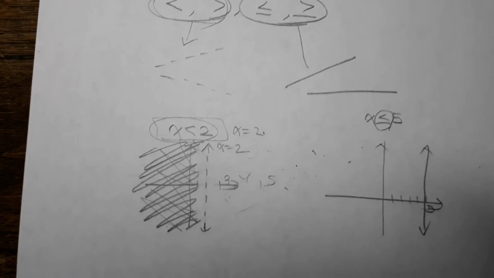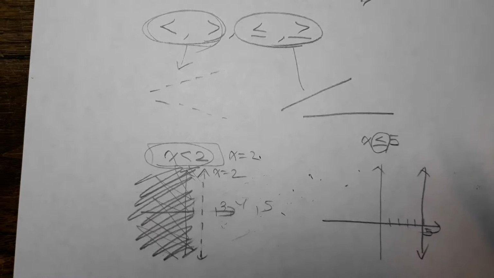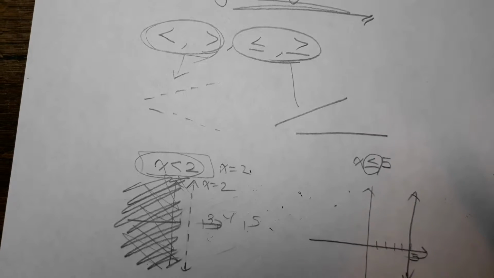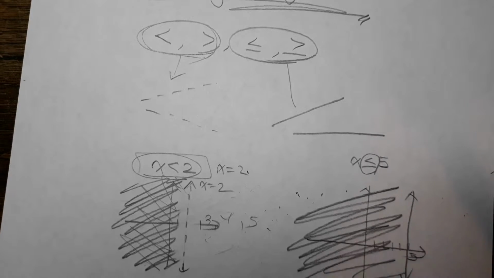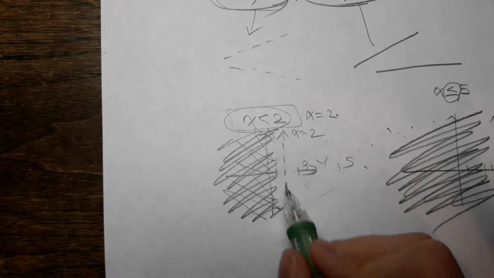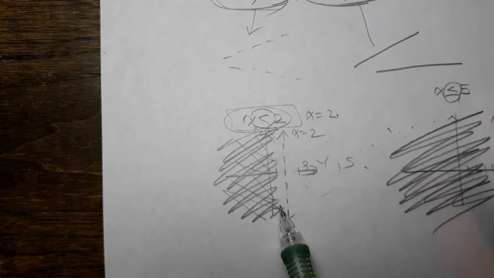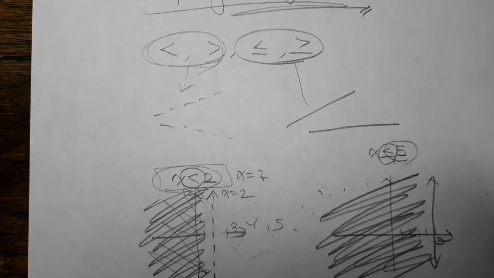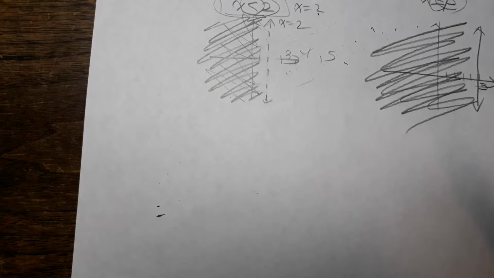If it is smaller or equal to 5, it'll be like this. If it's just smaller than 2, then it's a dotted line, but if it contains this number, then it should be a straight solid line.